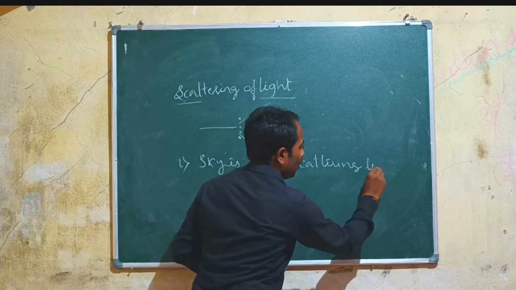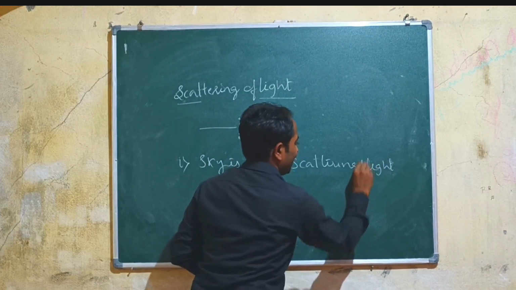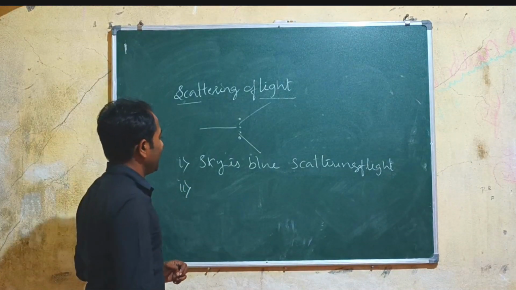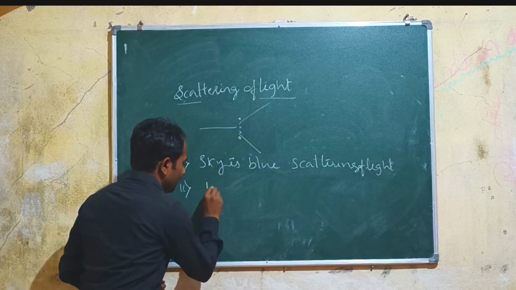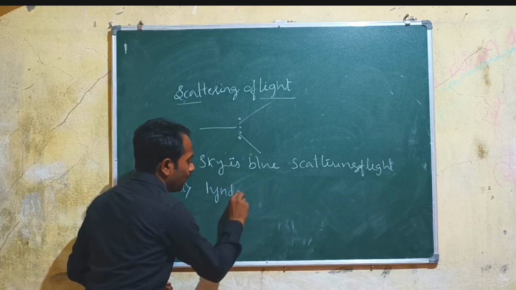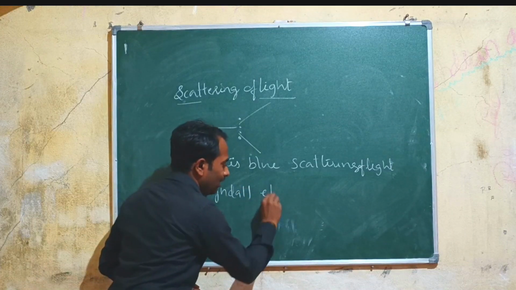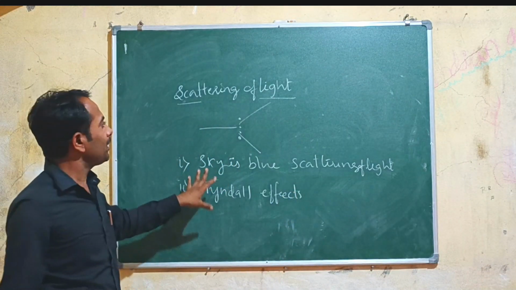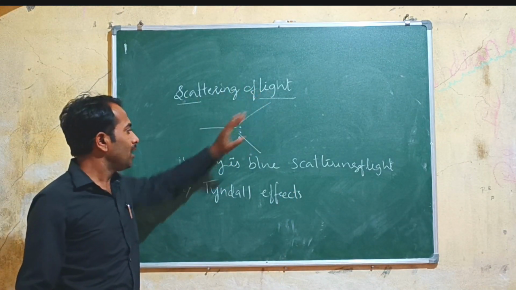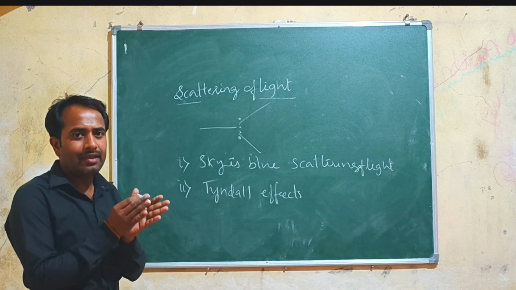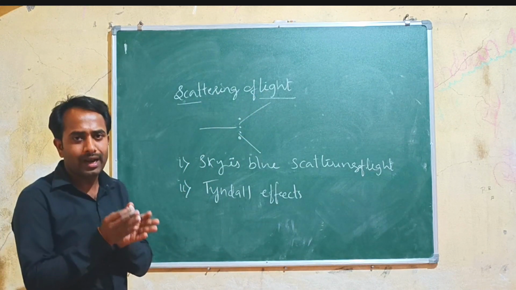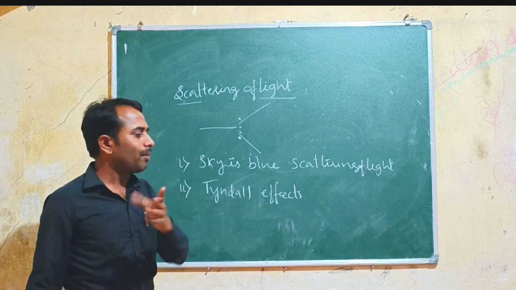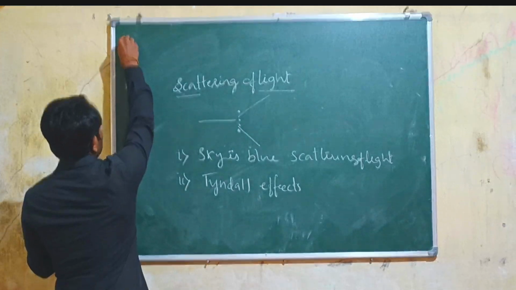Then it also forms the Tyndall effect. These are some applications of the scattering of light. First one is the sky is visible in blue color because of scattering of light. The next one is the Tyndall effect.